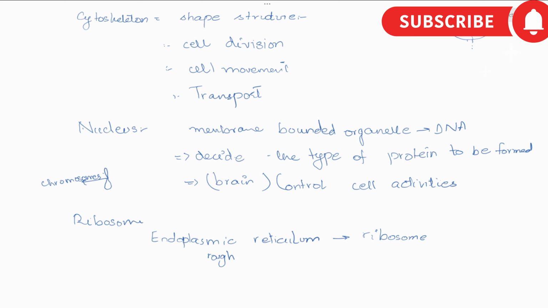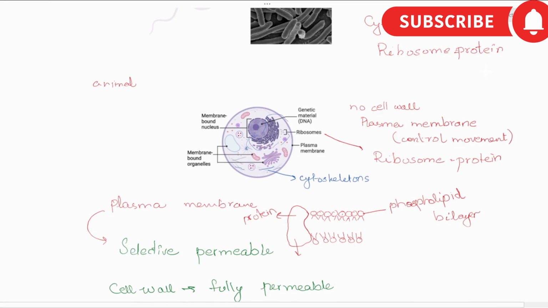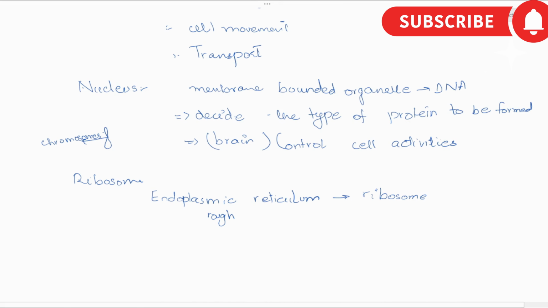Okay, the next part, let's discuss the mitochondria and chloroplast. So I have told you that there are the pink structures, right? These pink structures are basically the double membranes, the mitochondria. Let me draw it for you.